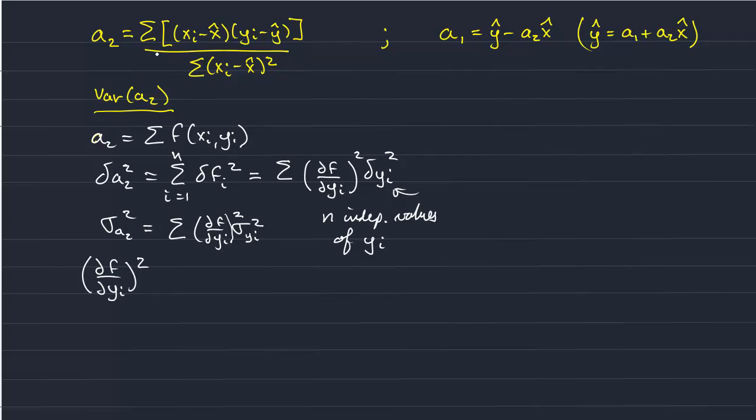So we just have to take this derivative with respect to yi, and we get xi minus its mean, all over the sum of the square deviations of x from its mean.